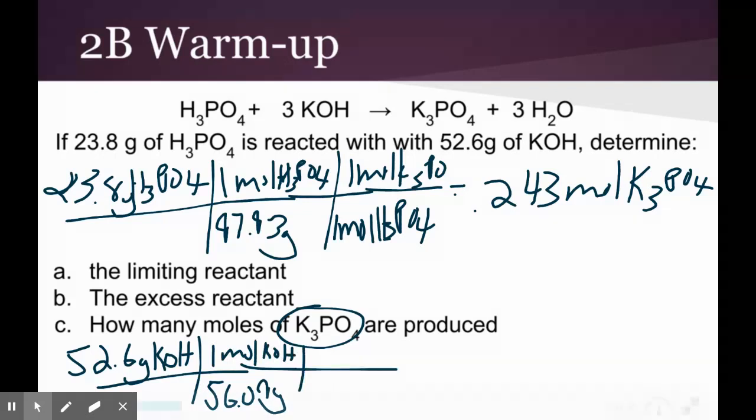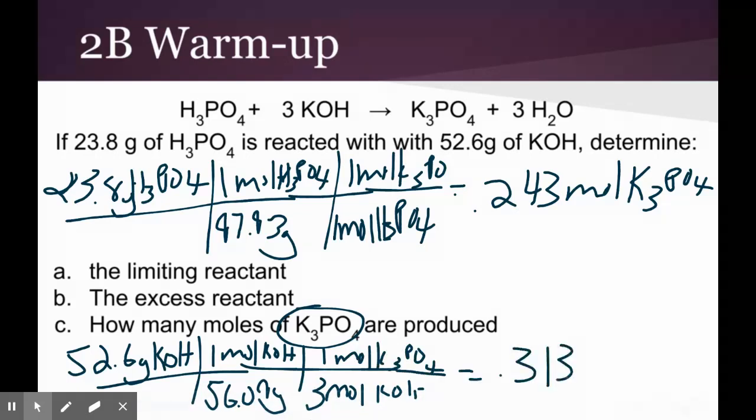And then in the equation we have 3 moles of KOH to every 1 mole of K3PO4. So when you calculate that, you get 0.313 moles of K3PO4. So remember, the limiting reactant is the reactant that produces the lesser amount of product.